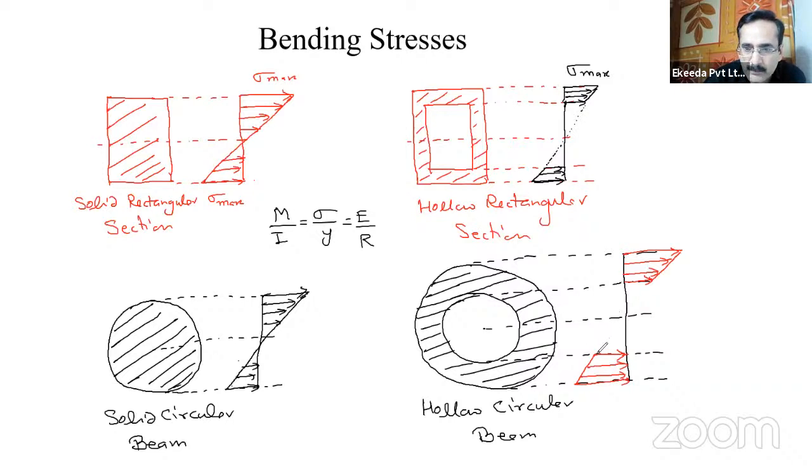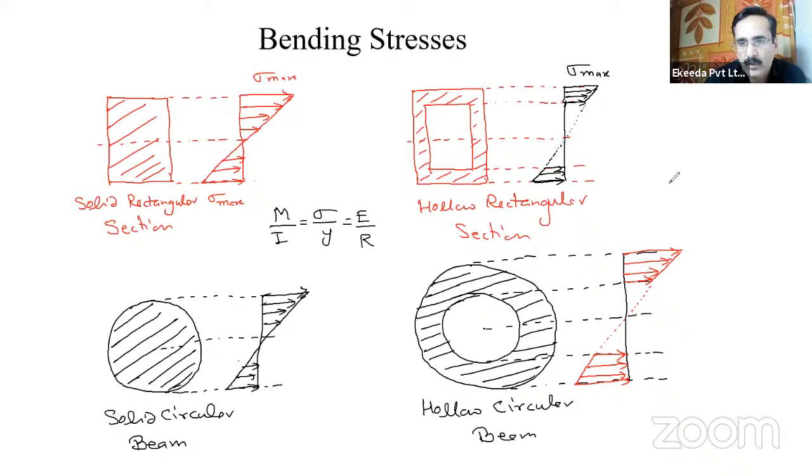So this is the variation of the bending stresses in case of solid rectangular, solid circular and hollow rectangular, hollow circular sections, right?